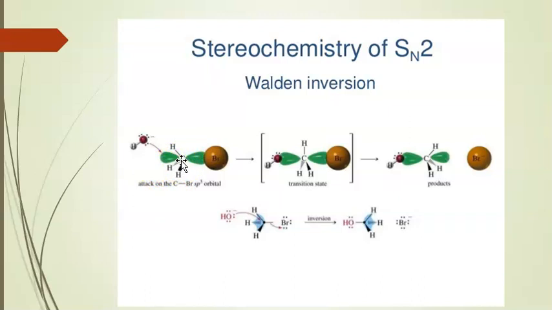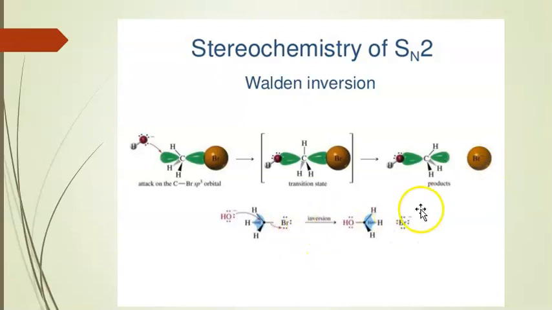In the transition state of this reaction, formation of a bond between the carbon and OH minus takes place, as well as bond breaking, and simultaneously there is a formation of the product. Here Br minus, the halide, is replaced from this reaction.